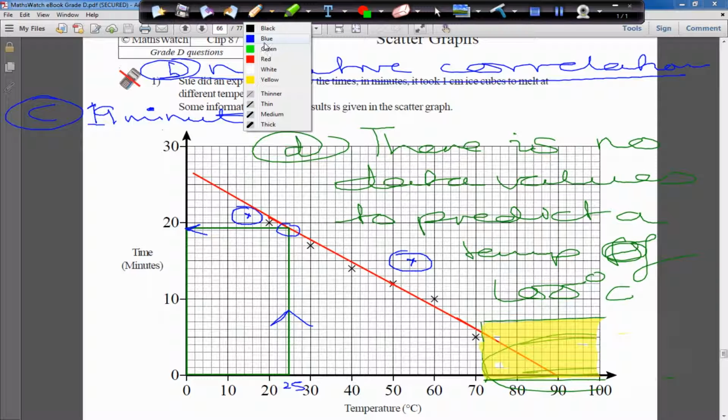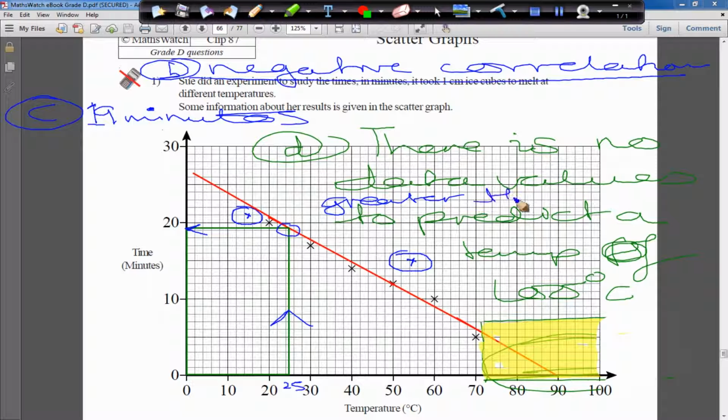There's no data values greater than 70 degrees in order to predict a temperature of 100. So from here to here, there's no data, so you can't tell. Okay, done. There's no data values greater than 70 degrees to predict a temperature of 100 degrees.